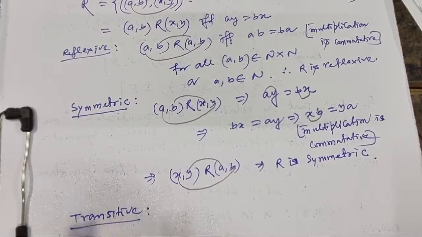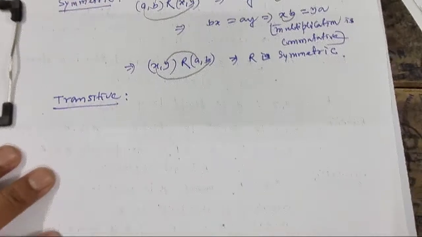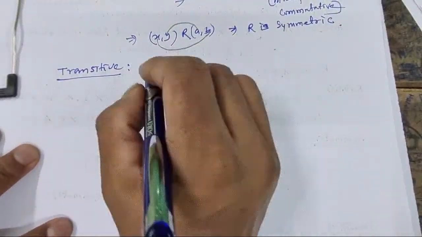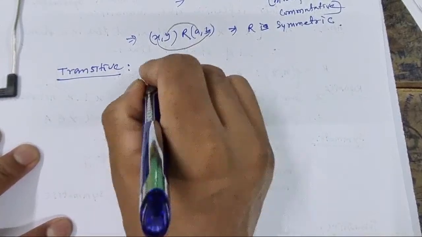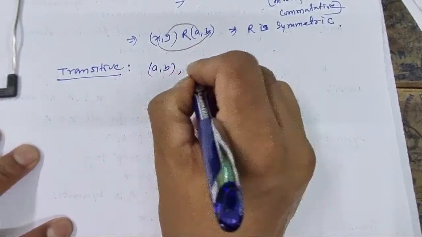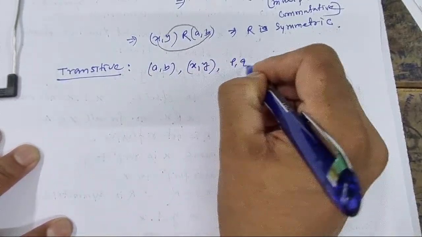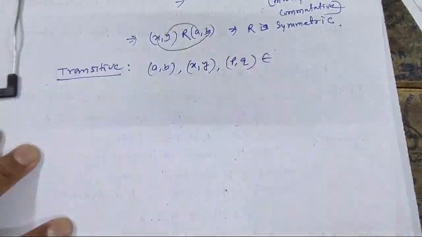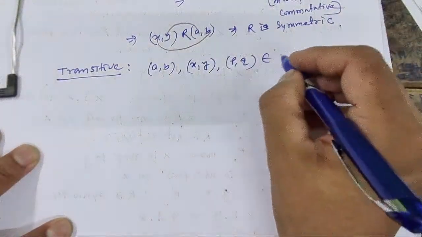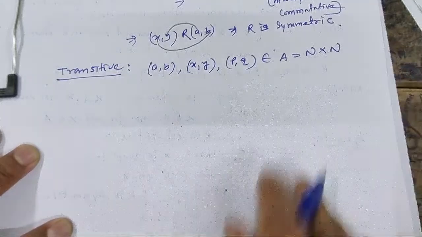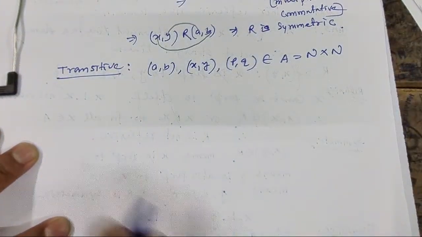transitive. In case of transitive, we have to take three elements. So in case of transitive, we have to take three. What are the three? (a, b), (x, y), and let us take (p, q), which all belong to A equals N cross N. I have taken them from there.